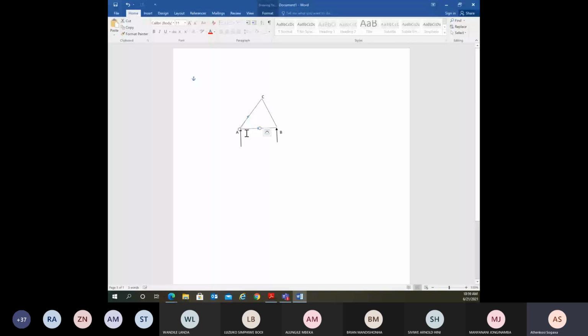When you're resolving a truss, an arrow pulling away from a joint means it's in tension.